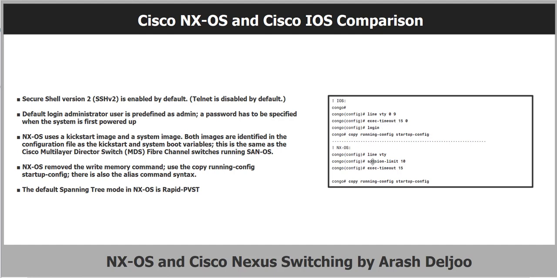In NX-OS, we configure line vty, session-limit 10, exec-timeout for example 15 minutes, and then copy running-config to startup-config. You will learn about all of these details in this course. We will learn about NX-OS modes and how we can configure different features. Here, we are comparing Cisco NX-OS and Cisco IOS with each other.